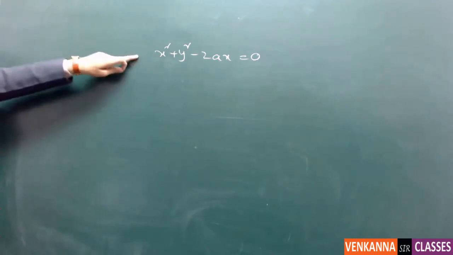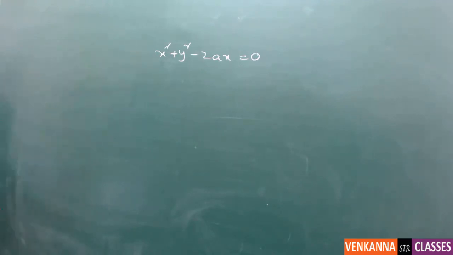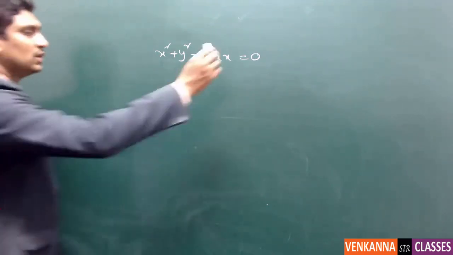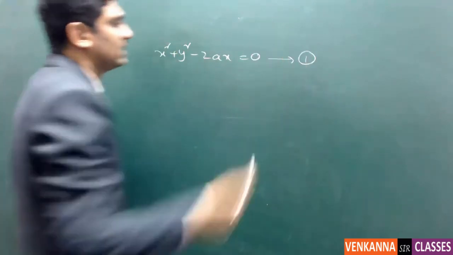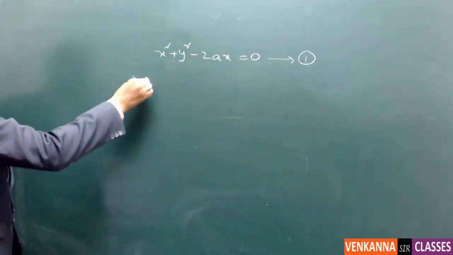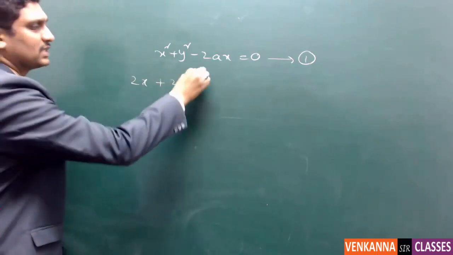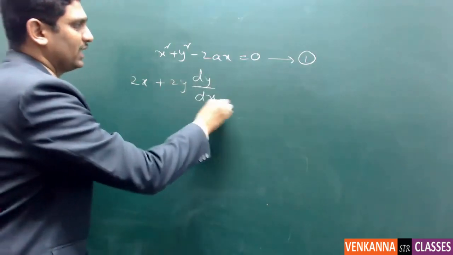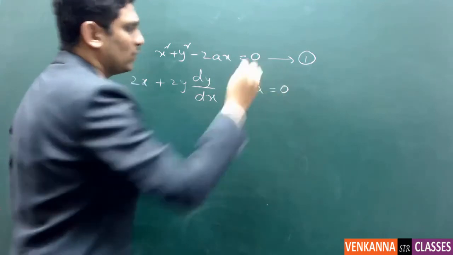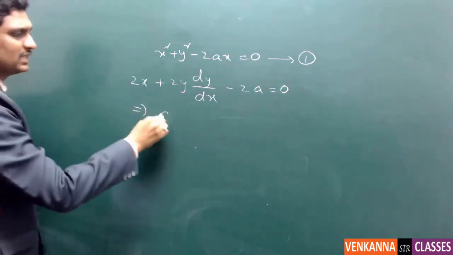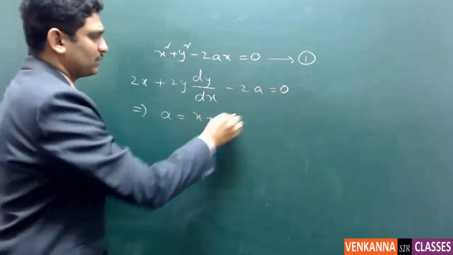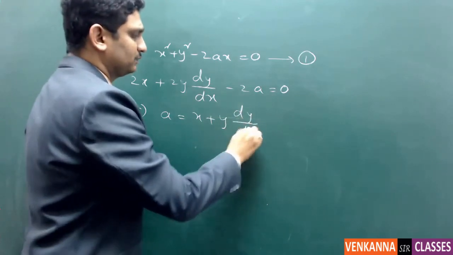So here a is the parameter. Let us do the differentiation first. This is the given equation. On differentiating, you have 2x plus 2y into dy by dx minus 2a is equal to 0. From this, a is equal to x plus y into dy by dx.